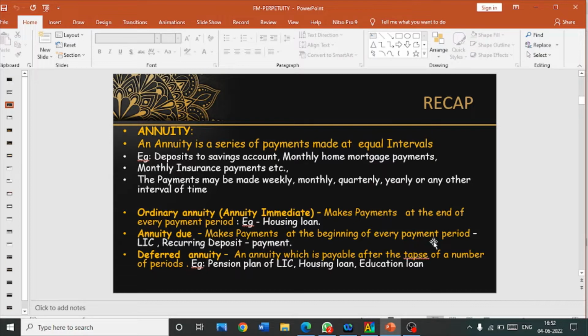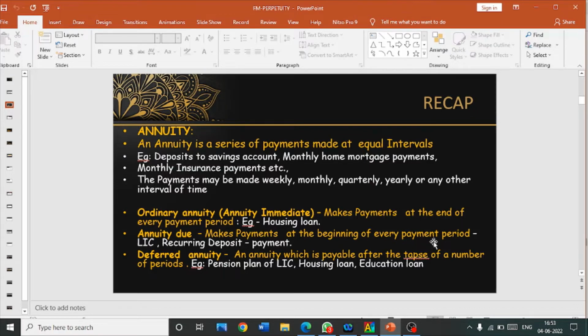The third type is deferred annuity. Deferred annuity is a separate one which is not most applicable; only in a few cases will it be there. For example, I am applying for an education loan. Immediately I won't be paying the loan. Till I complete my course, for certain years I won't be paying the dues.